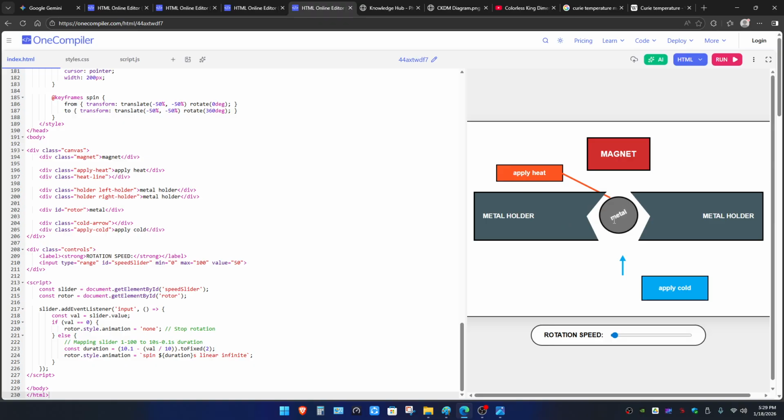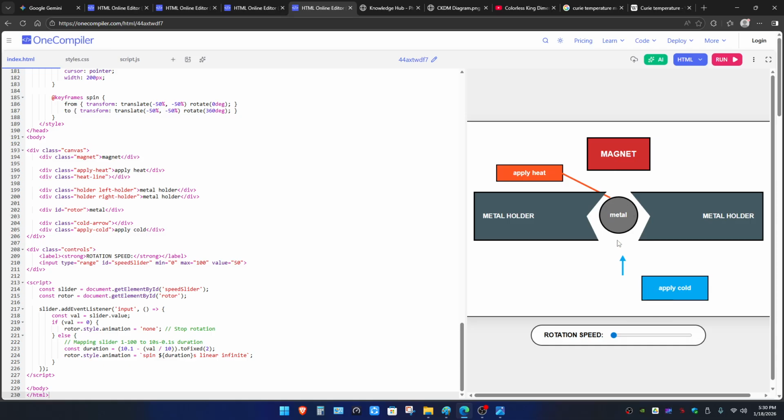Because we know that when the temperature increases, magnetism decreases, right? So if it is a round metal and I apply heat on the top, then the top part of the metal becomes less reactive to the magnet, and it will lose its magnetism.